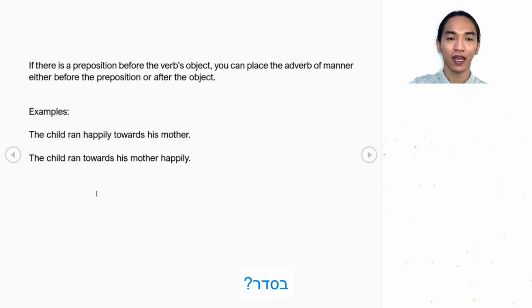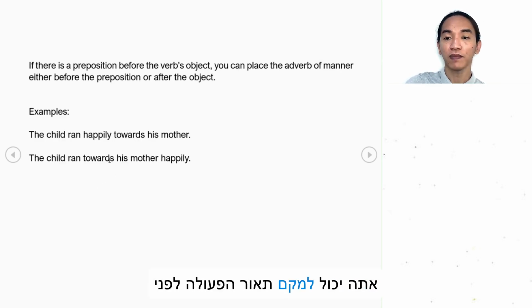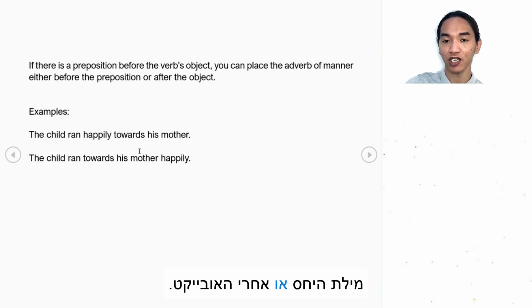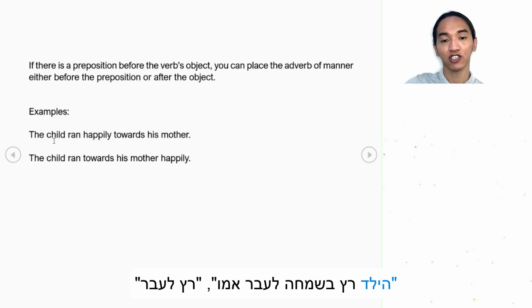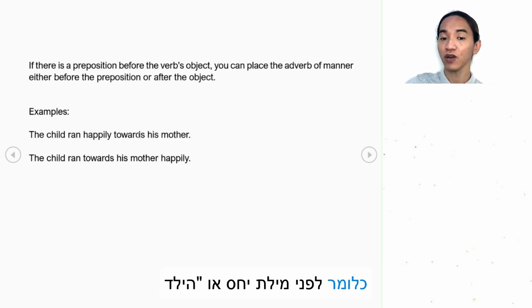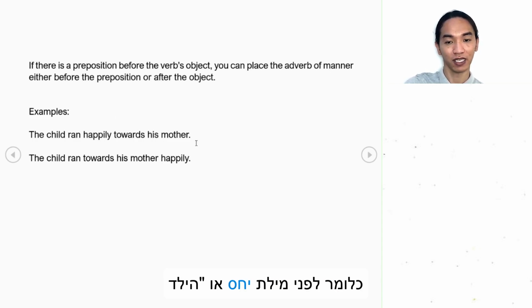All right. Next, if there is a preposition before the verb's object, you can place the adverb of manner either before the preposition or after the object. So if there is a preposition, then place it before the preposition or after the object. The child ran happily towards his mother. Ran happily towards, so before the preposition.